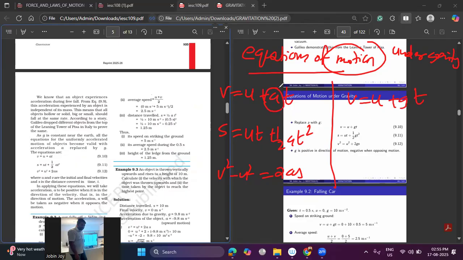You just replace this acceleration with the acceleration due to gravity. So S is equal to UT plus half GT square. Then the third equation, V square minus U square is equal to 2GS, replacing a with g, acceleration due to gravity.